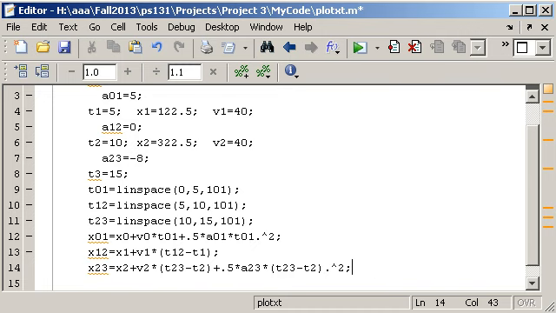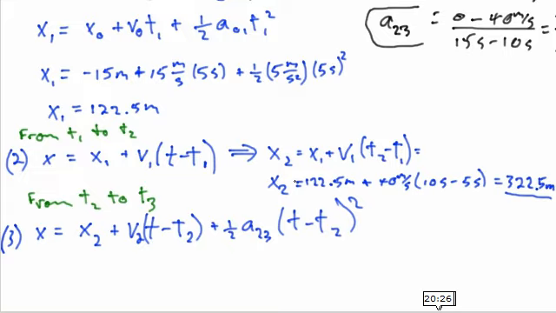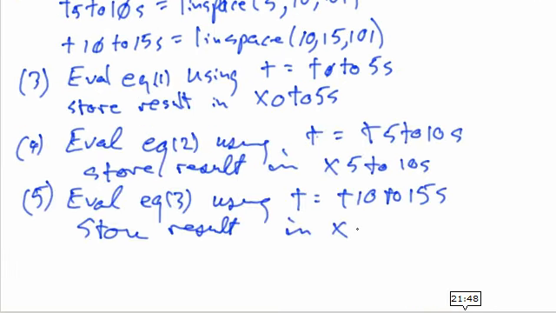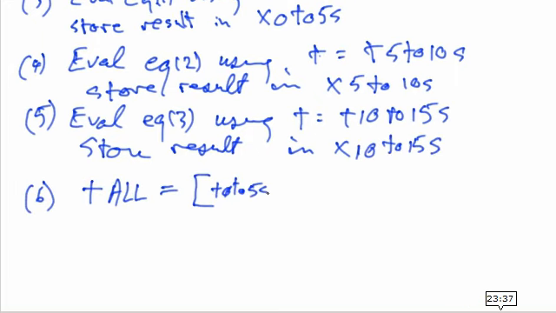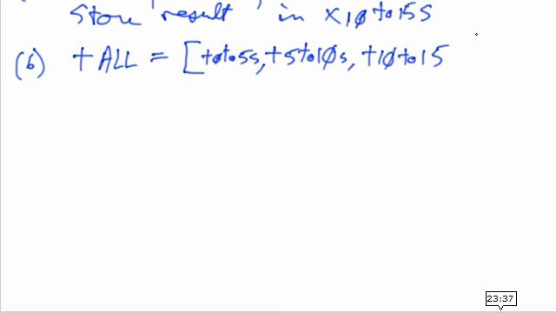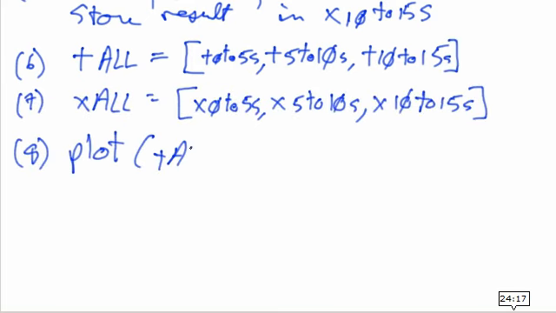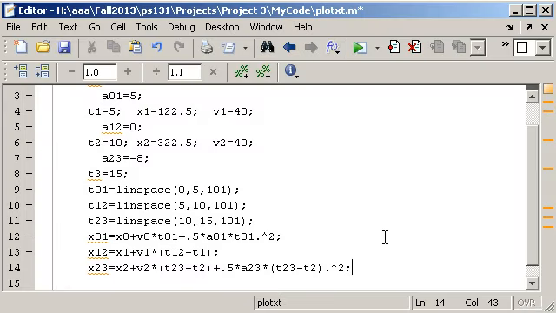Alright, then I think it's a matter of putting them all together. Let's see what I wrote when I was thinking about that. Evaluate equation 3, and then put them in T all. I'll just call that T and X. So my T all is going to be T, which I'm pretty sure I haven't used yet.